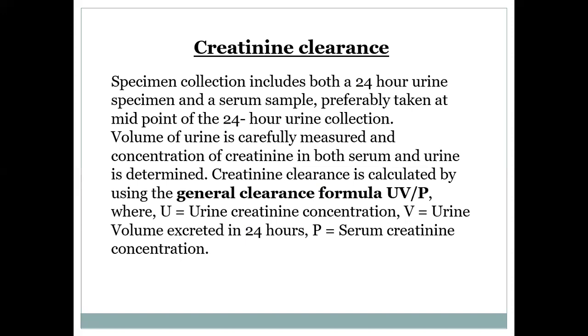Volume of urine is carefully measured and concentration of creatinine in both serum and urine is determined. Creatinine clearance is calculated by using the formula U into V upon P, where U is urine creatinine concentration, V is urine volume excreted in 24 hours, and P is the serum creatinine concentration.